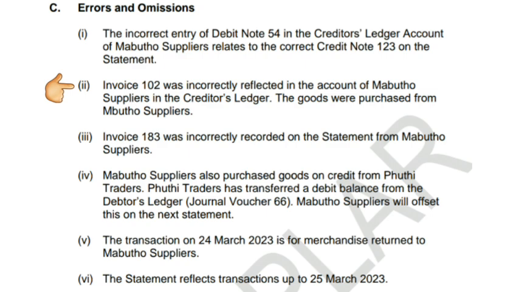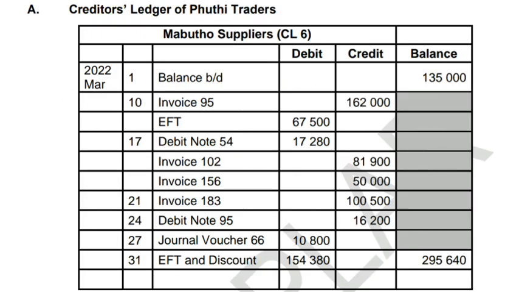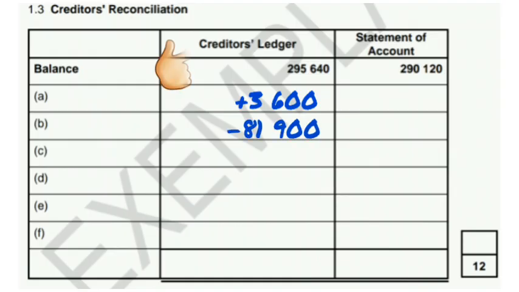Invoice 102 is not supposed to be there because it does not belong to who? To Mabuto. So we look at invoice 102. You see it there. It's still on the 17th of March for 81,900. This 81,900 basically increased our balance. We need to now reduce it, meaning we are going to minus our creditors ledger with 81,900 to say that we had erroneously increased our balance with 81,900 that wasn't supposed to be there.